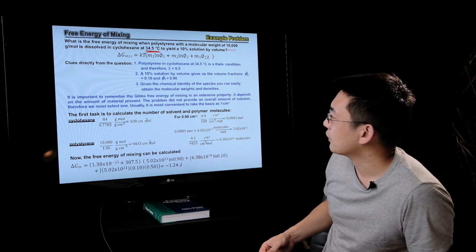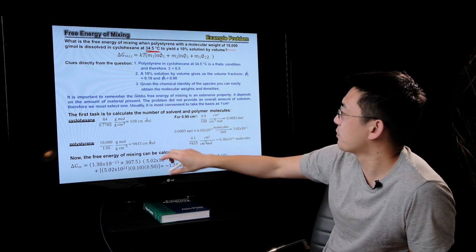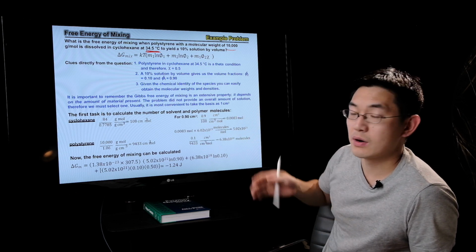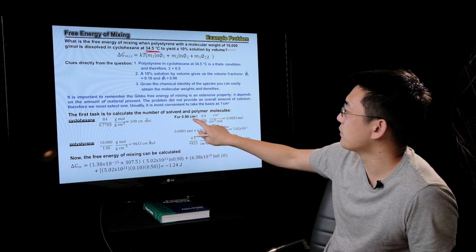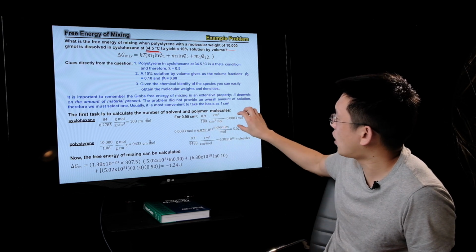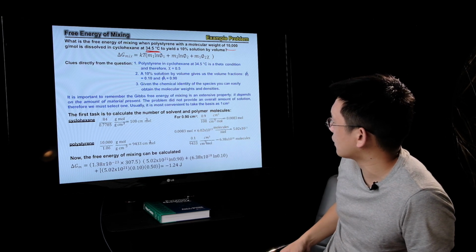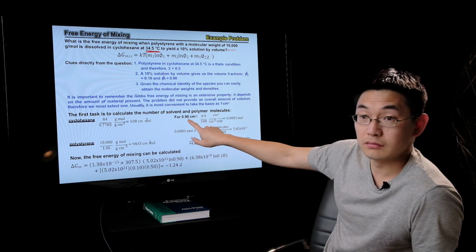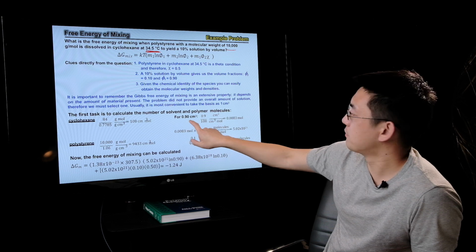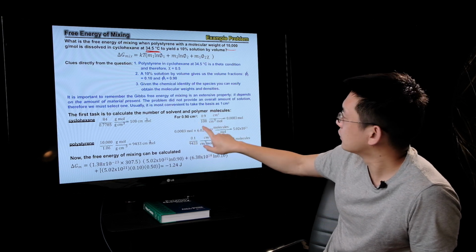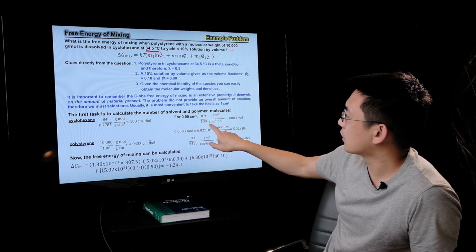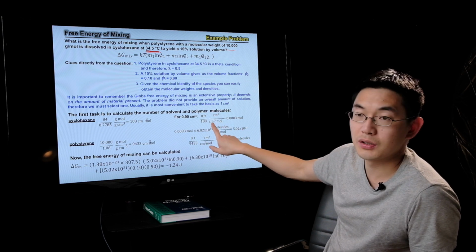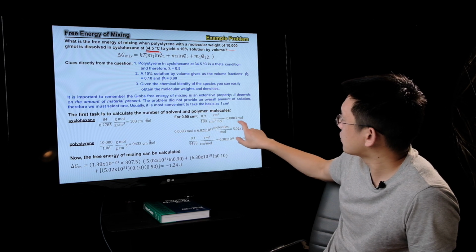If we know this, we can use this information to back calculate, in a certain mixture, let's say 1 cubic centimeter, 1 ml, how much polymer is there and how much solvent is there. For example, in 0.9 milliliter of solvent, divided by the number of moles per unit volume, we can get how many solvent molecules there are.